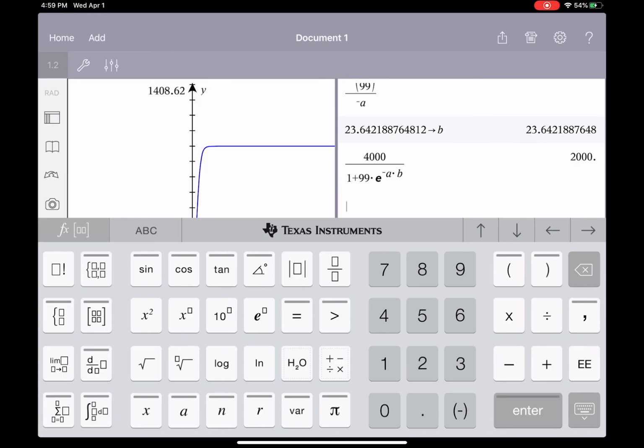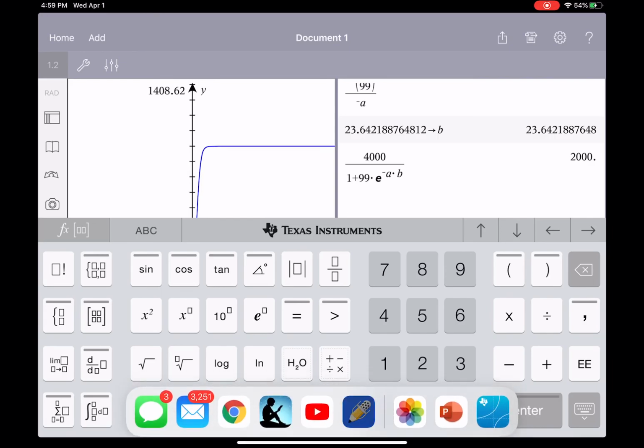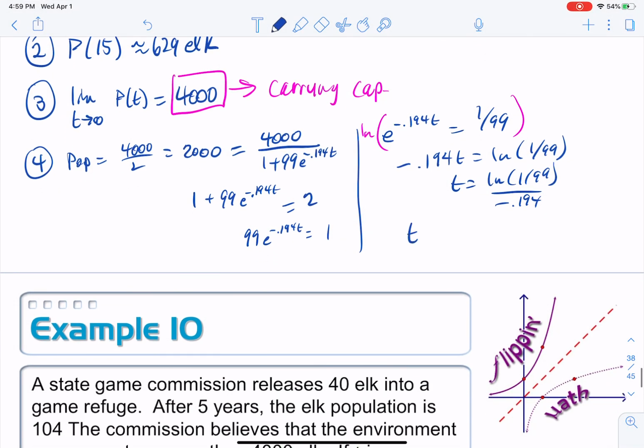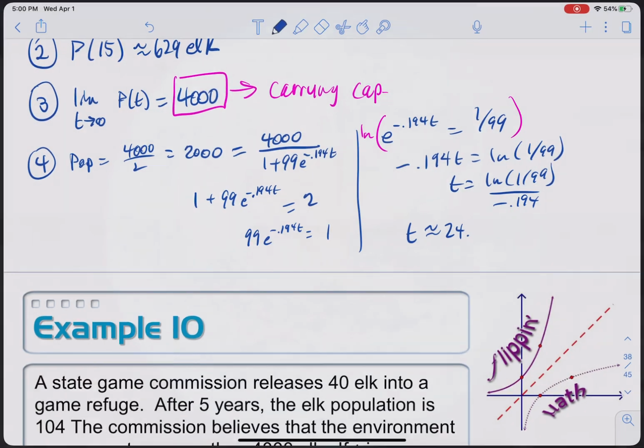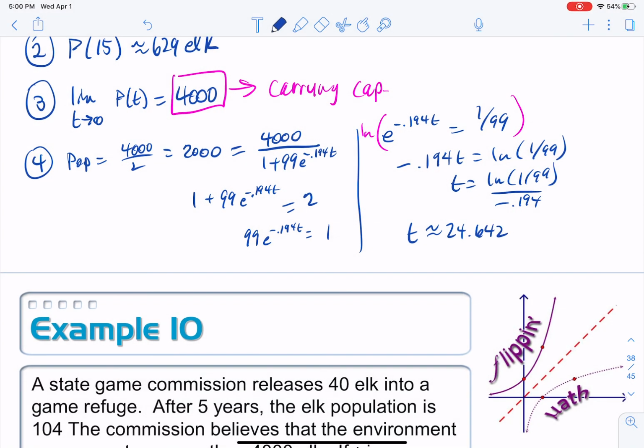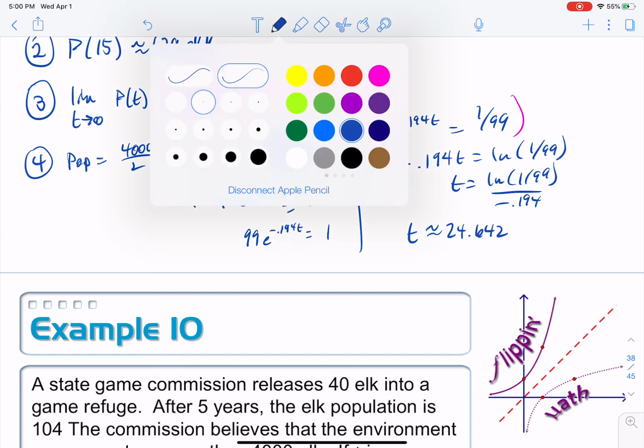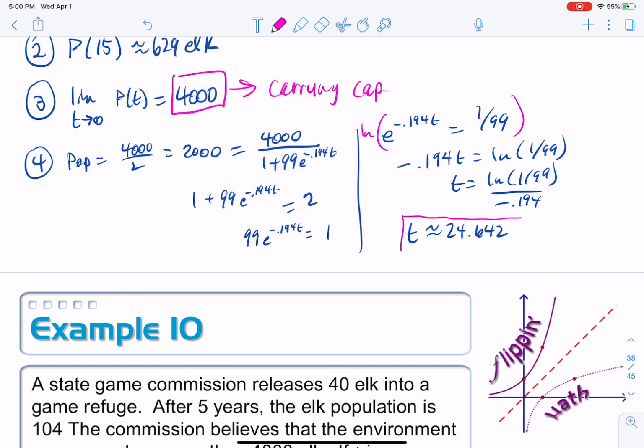All right, 23.642. t is approximately 23.642. Now, here's the thing, folks. I have been pretty much just telling you that this happens at half of the carrying capacity, and you've kind of taken my word for it.